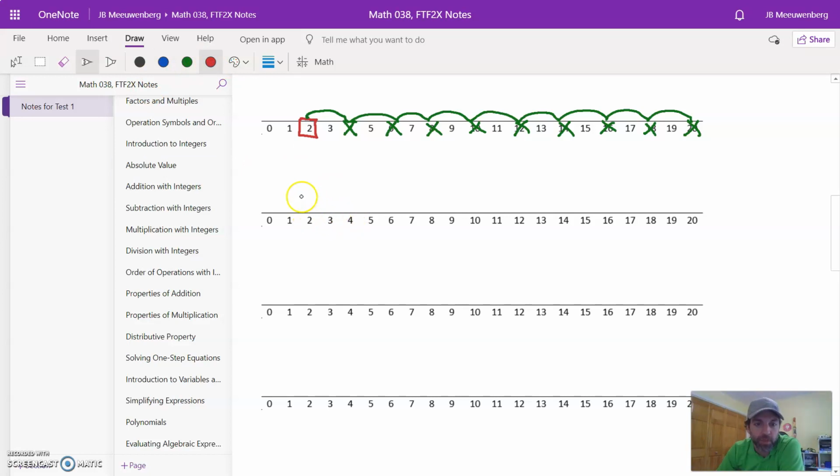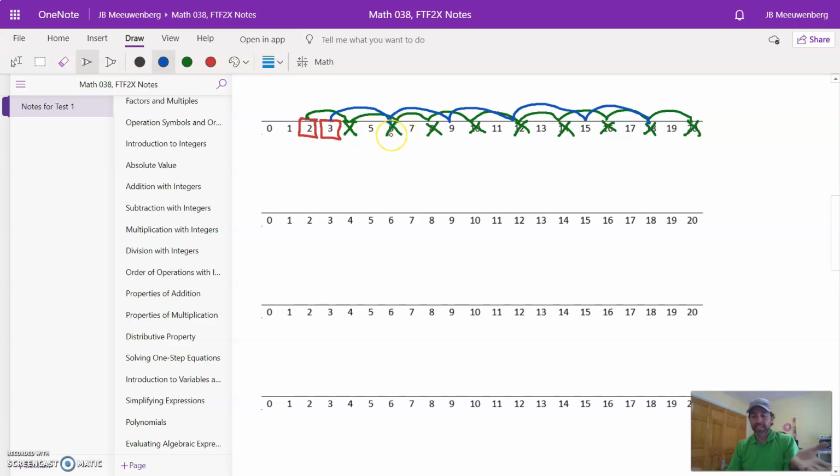Let's look at 3. Actually, let's just do it on the same chart here. Let's do the same thing. I'm going to use blue and jump count by 3. So 6, 9, 12, 15, 18. What you'll notice is that some of those numbers were already crossed out because they were multiples of 2.